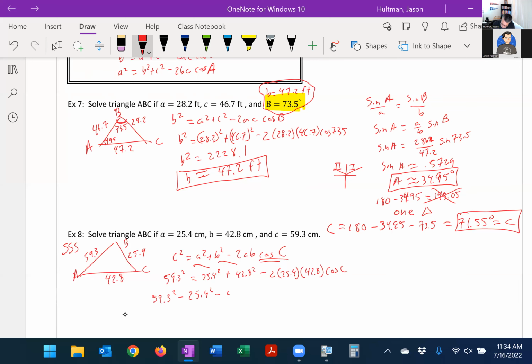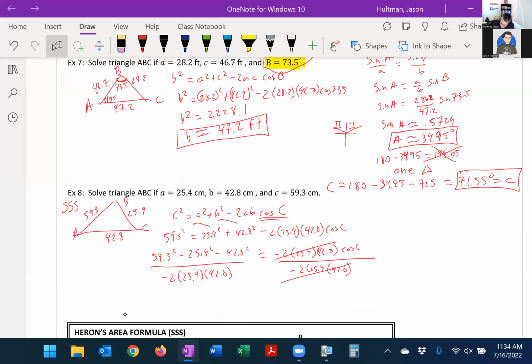Hopefully you don't get confused. 25.4 squared minus 42.8 squared, all over negative 2 times 25.4 times 42.8, and this cancels, which is what I want, and this will equal cosine C at the end.